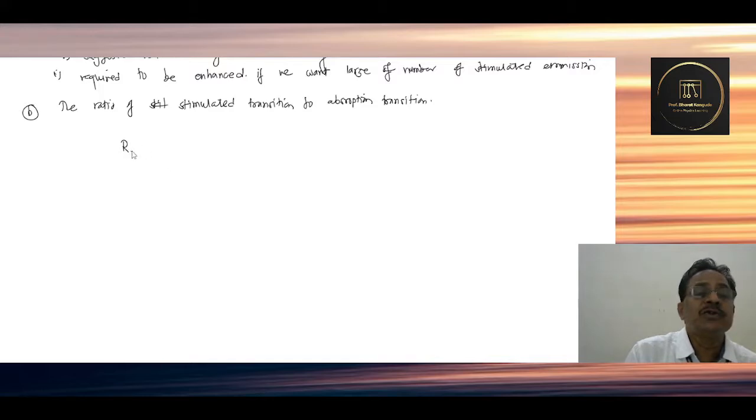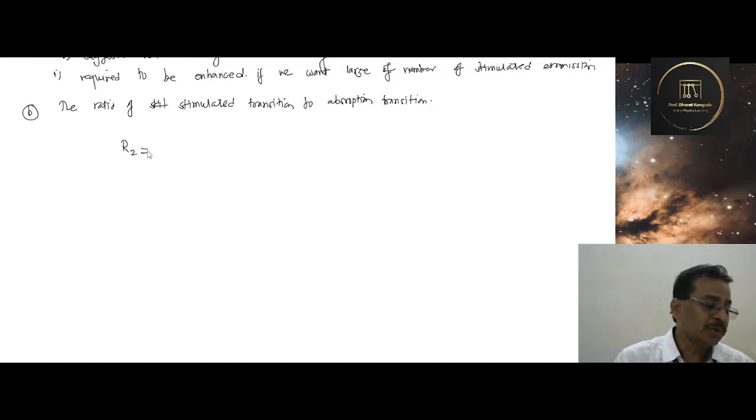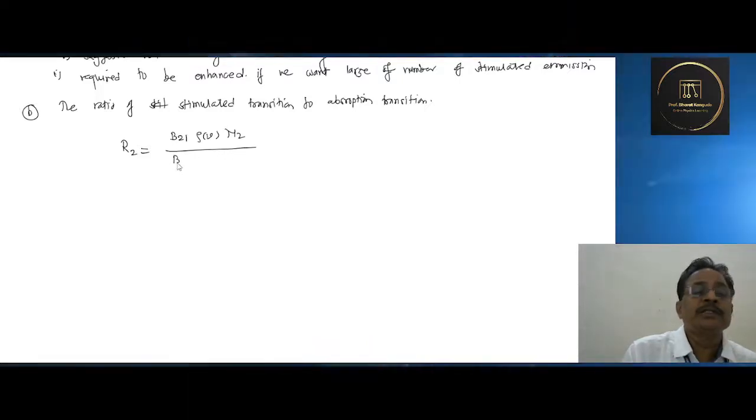Now this ratio is given as R2. Earlier was R1. R1 was the ratio of stimulated emission to spontaneous emission. Now this is stimulated transition to absorption transition. If this ratio is obtained from the earlier equations, I can write this as B21 into rho nu, which is your stimulated transition, multiplied by N2, divided by, in case of absorption, B12 times rho nu multiplied by N1, not N2.